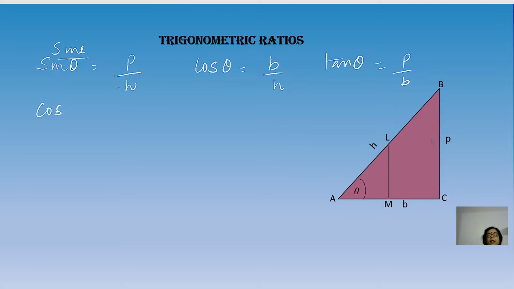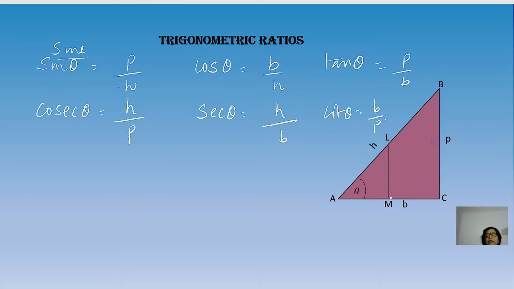The reciprocal of sine is cosecant theta, the short form is cosec theta, and that becomes h upon p. The reciprocal of cos theta is secant theta, the short form is sec theta, and this becomes h upon b. The reciprocal of tan theta is cot theta and this becomes b upon p. So these are the fundamental ratios that we need to understand thoroughly.